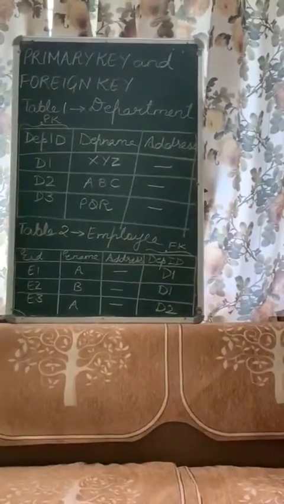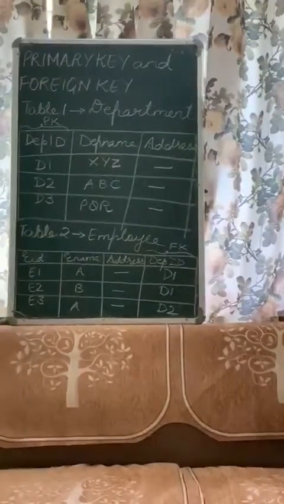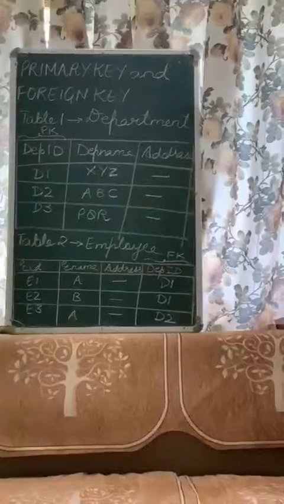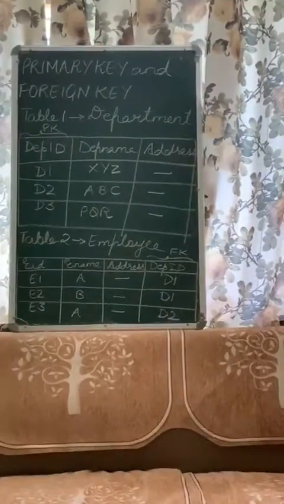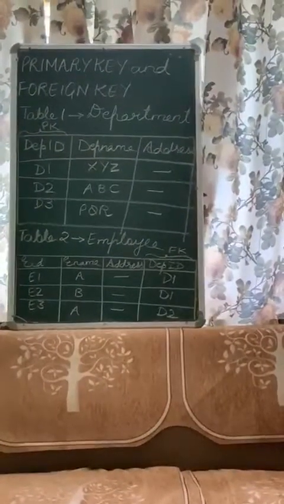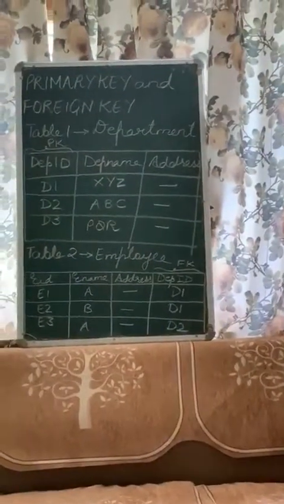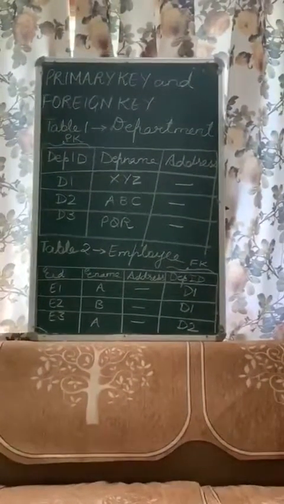Now a parent can have many children. So this foreign key refers to the child key because it has come from that table, that is department. So these are the two keys, that is your primary key and foreign key.